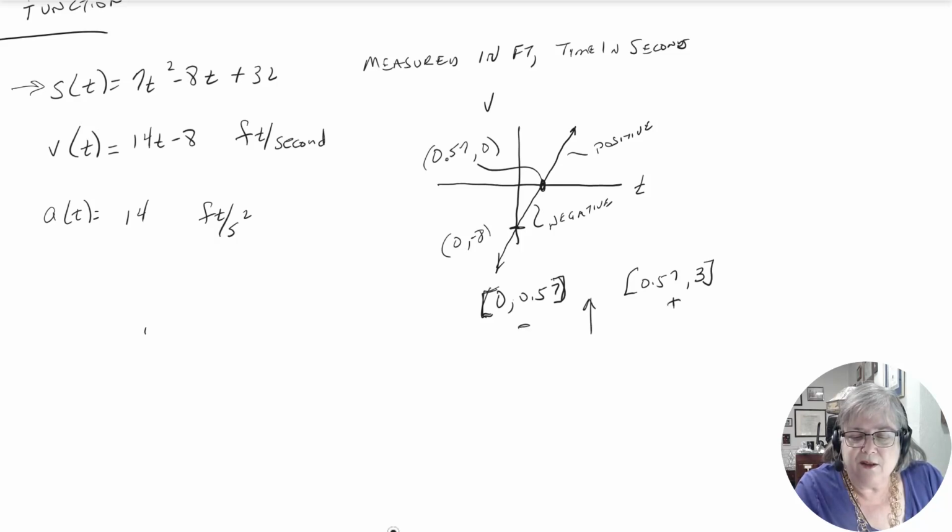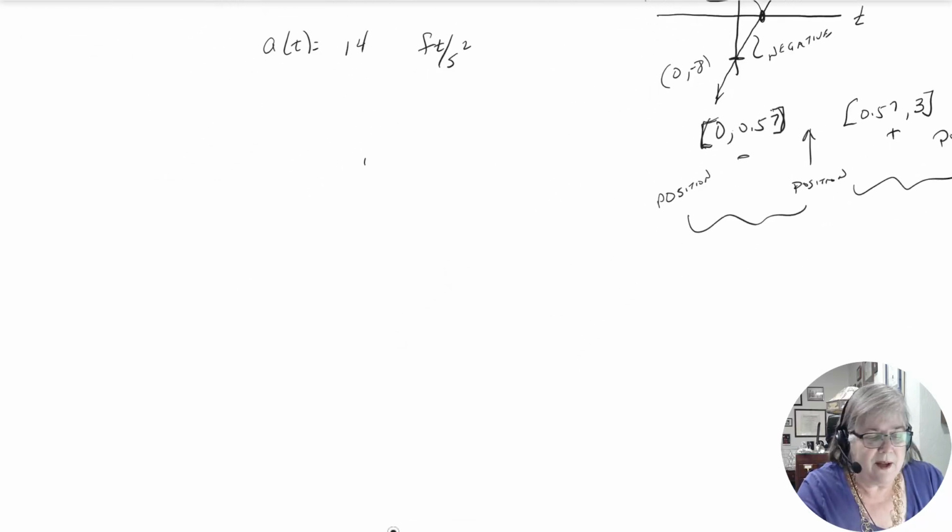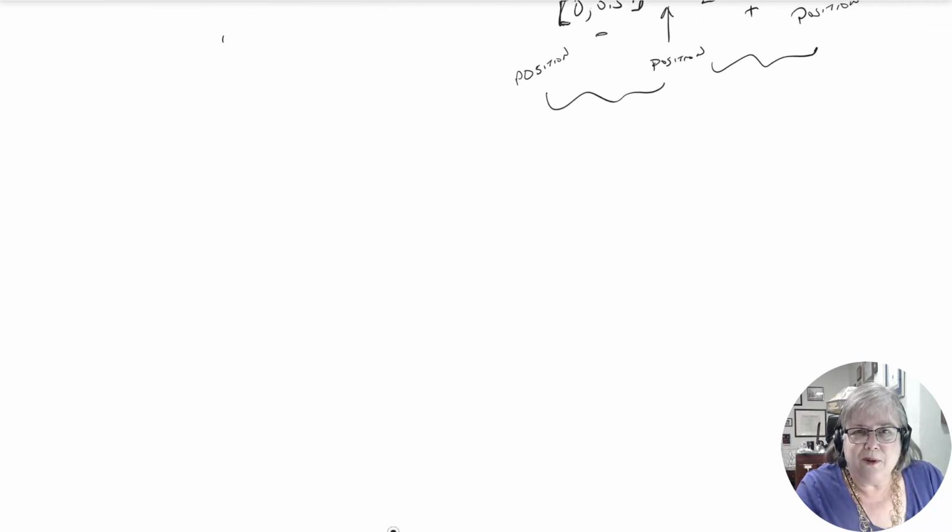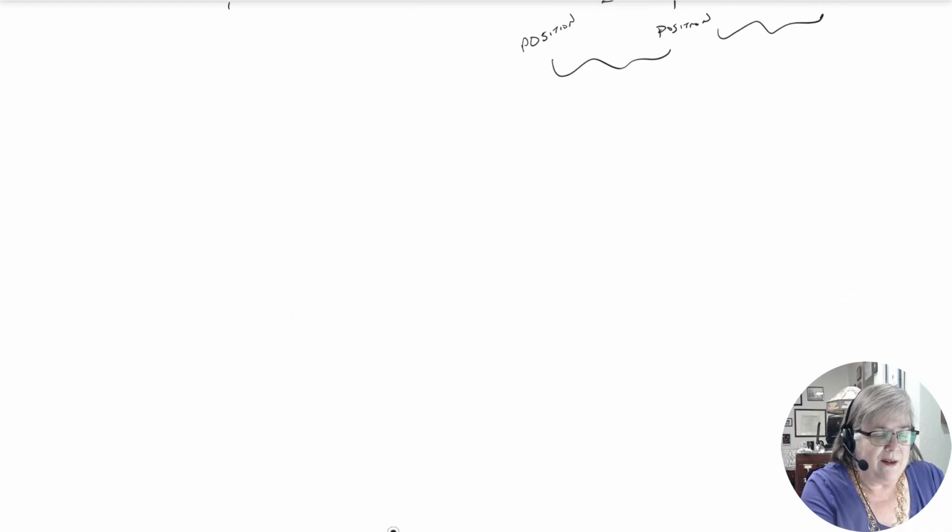So right in here, it changed directions. So you would have to find the position here, the position at the start, and this position at your end time. And then you would find this distance, and then you would find this distance, and then you would find the total distance by adding them together. Now, again, this is just really quickly over the top. Okay, so go back and find all the other videos if you want some more detail.